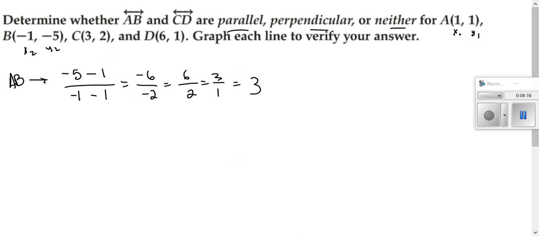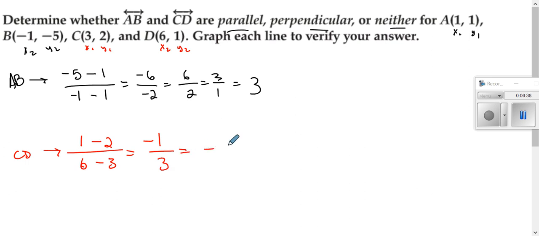The next one here, let's do this next one in red, CD. Its slope, so I got x1, y1, x2, y2, and so I'm going to go y2 minus y1 over x2 minus x1. 1 minus 2 is -1. 6 minus 3 is 3.